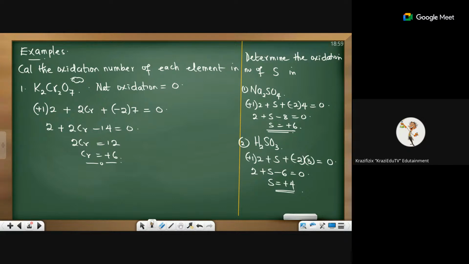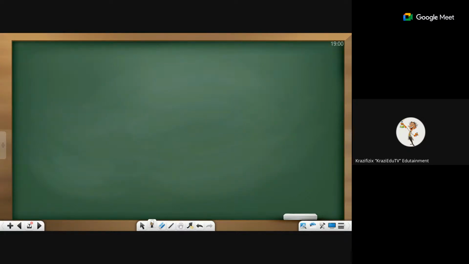Right. Now, let's look at some other ones. If I want to calculate the oxidation number of sulfur again in number 1. Right, look at this one.